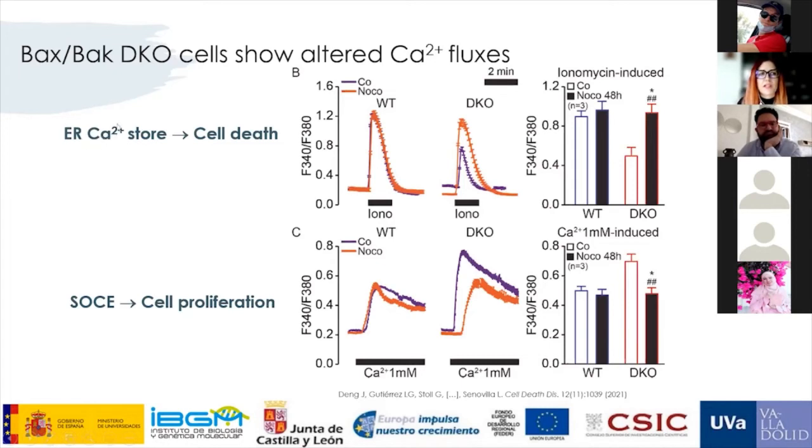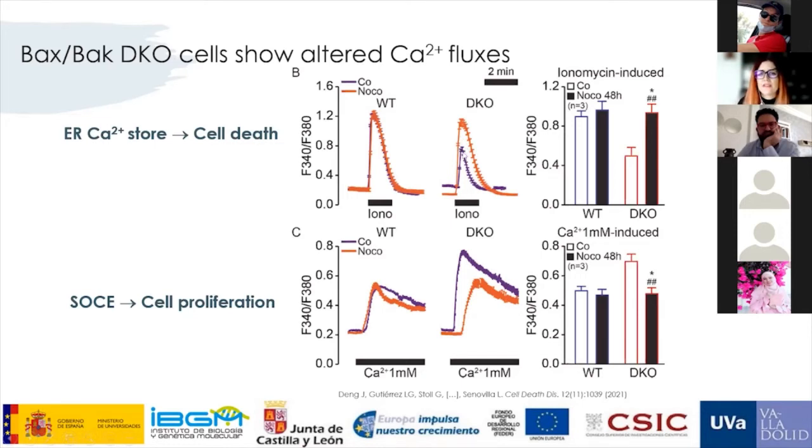The store of calcium in the ER is an indirect measure of cell death because, as I told you, in the mitochondrial apoptotic pathway, there is an overload of calcium coming from the ER to the mitochondria. So if we have less calcium in the ER, that means that they could be more resistant to cell death. And it was what we observed.